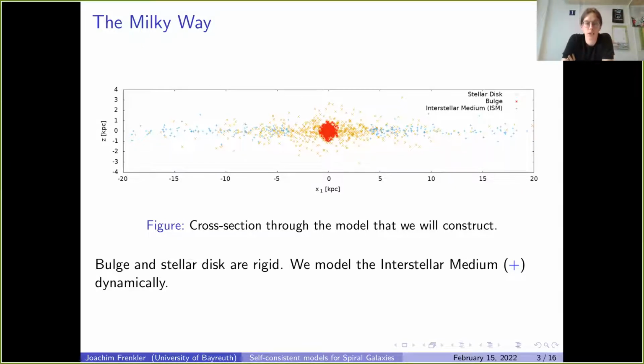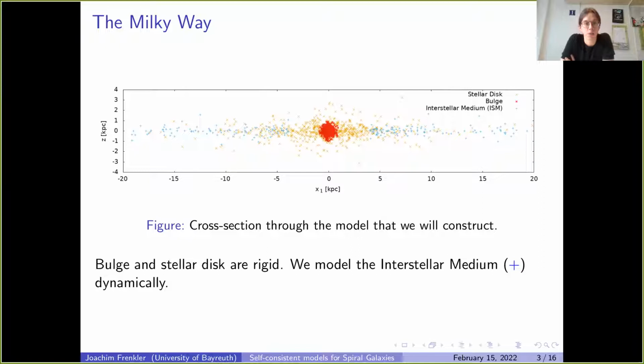And this component is interesting to model because dark matter is said to be necessary to explain the dynamics in the outer parts of spiral galaxies. And well, these are the regions where the gas of the galaxy, the interstellar medium, dominates the mass.